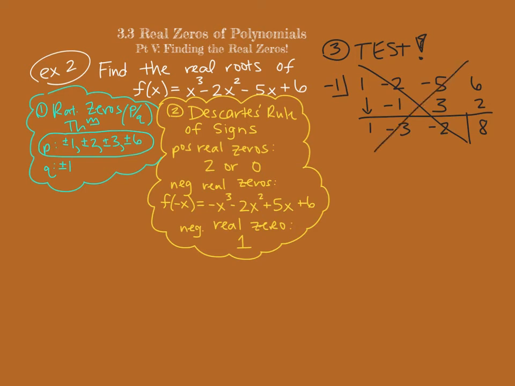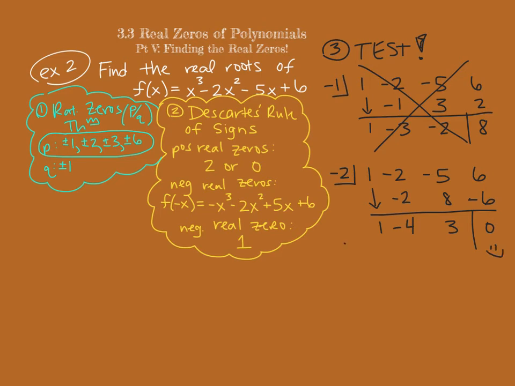The next negative real root I'm going to test is -2. We're going to do the same process. So doing synthetic division here, we multiply and then add vertically. We multiply again and then add vertically. 3 times -2 is -6, and voila, we get a remainder of 0.